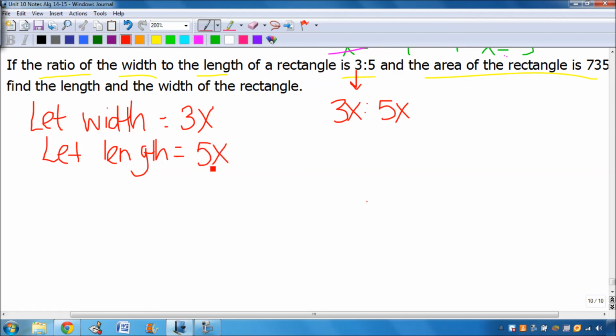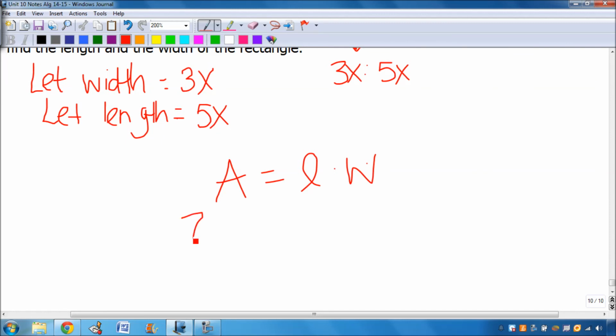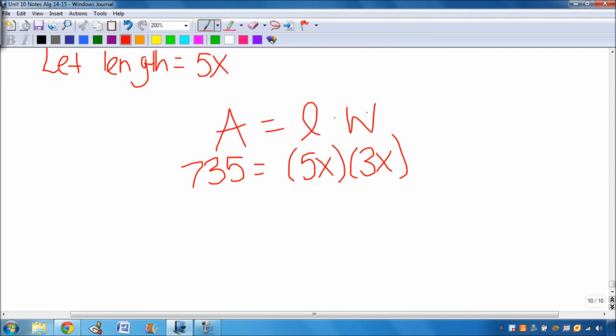And then it says that the area is 735. And remember, area equals length times width. So I'm going to plug 735 in for the area. And the length is 5x and the width is 3x. So then when I multiply these guys together, I get 735 equals 15x squared.